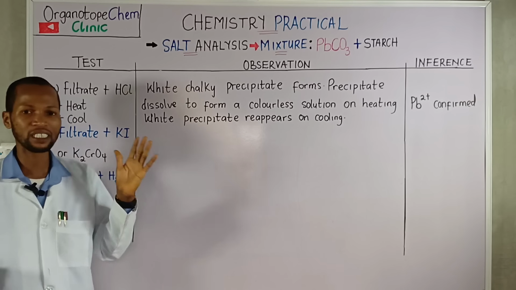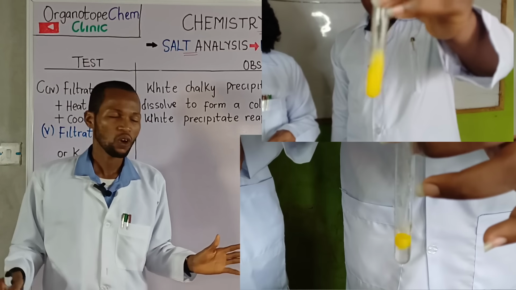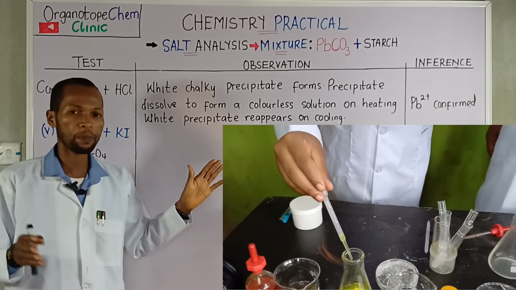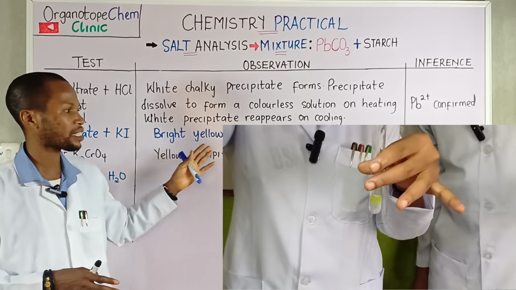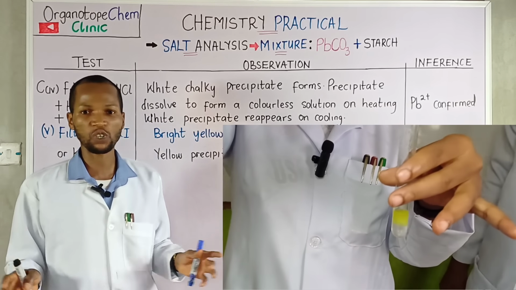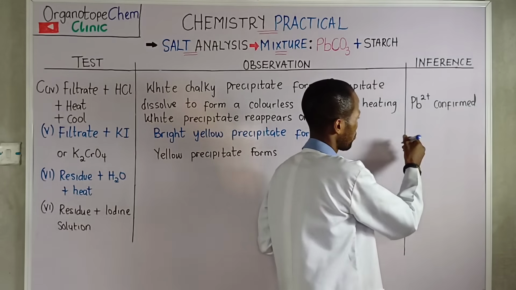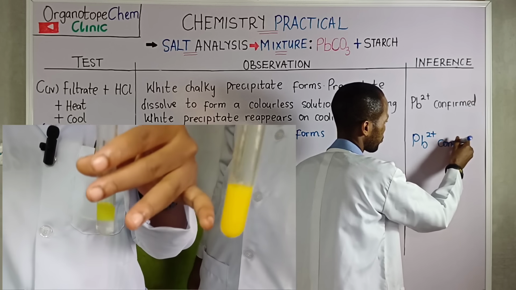So on adding the potassium iodide, a bright yellow precipitate forms, while on adding the potassium chromate, a yellow precipitate is formed. The yellow precipitate formed in this particular test confirmed the presence of lead 2 ion. So we have Pb2+ confirmed.